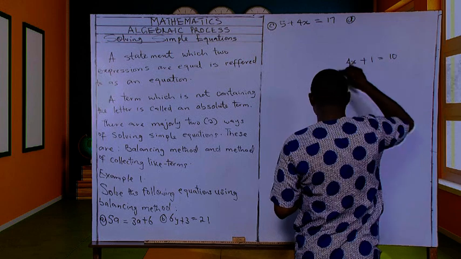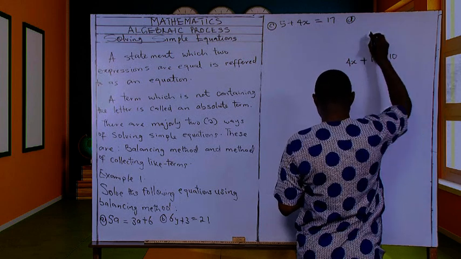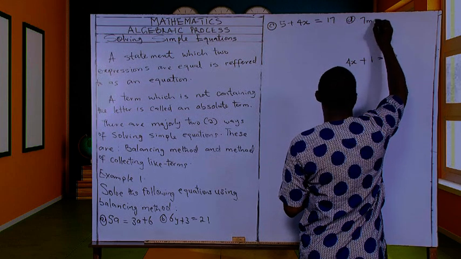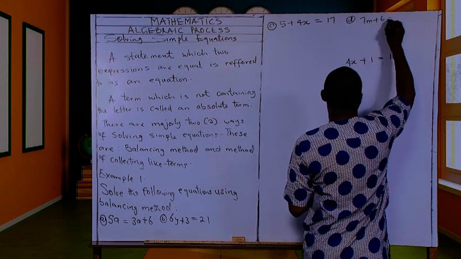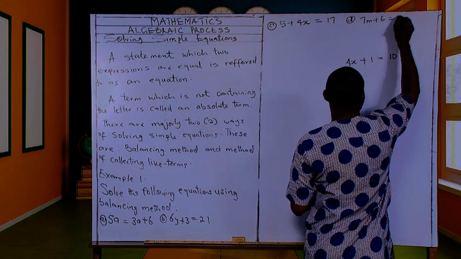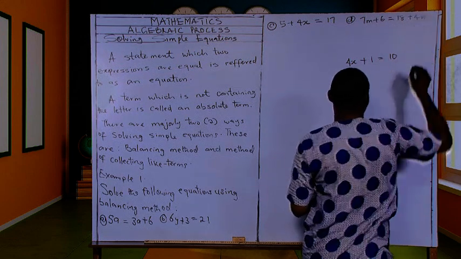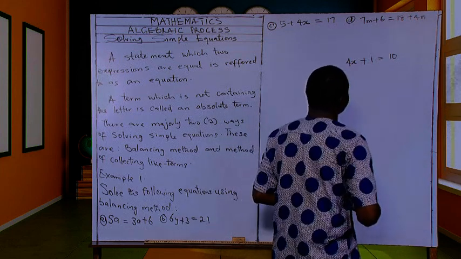And letter D: 7m plus 6 equals 18 plus 4m. That is that.